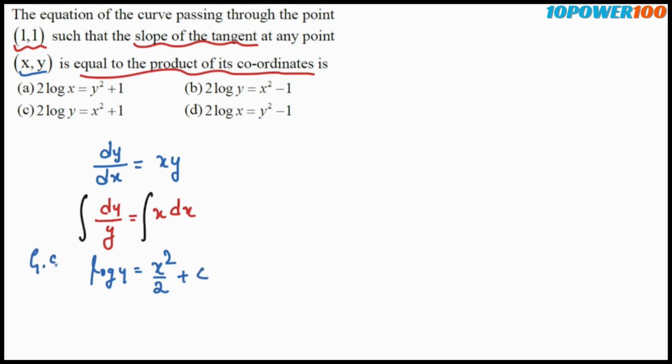We found the general solution. Now we have to find the c value by using the given conditions. The condition is the point that is given, (1, 1). So I'm going to use that point to find c. Here log y is equal to x square by 2 plus c. Let's take x is equal to 1 and y is equal to 1.